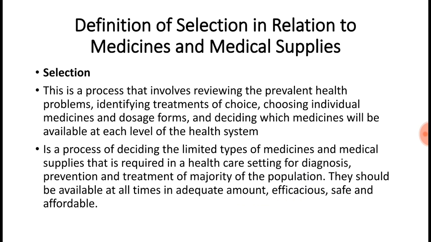Those selected medicines and medical supplies lazima ziwepo kwenye health facilities. Ideally zinatakiwa ziwepo kwenye health facilities kwa kiasi ambacho kinatakiwa. Pia lazima ziwe efficient, lakini pia lazima ziwe salama, na pia lazima ziwe kwa gharama ambayo ni affordable.